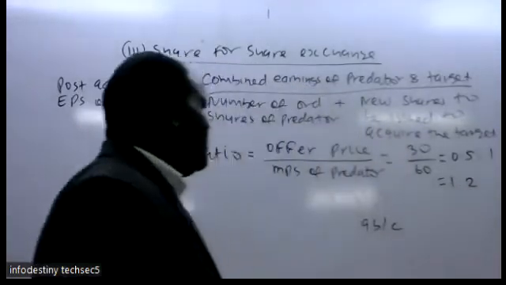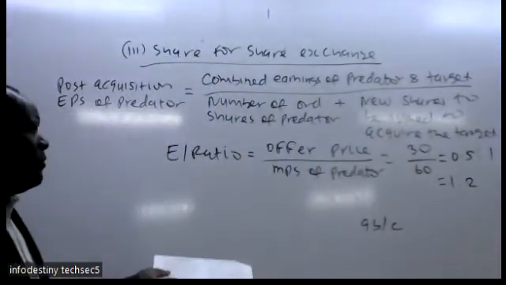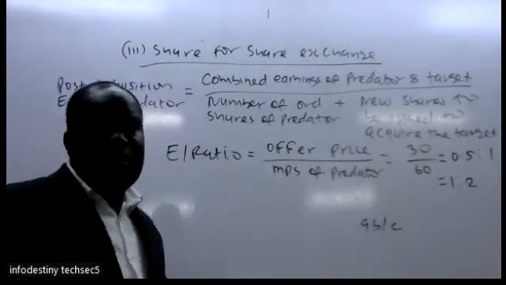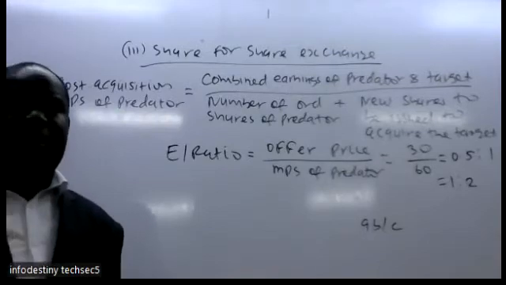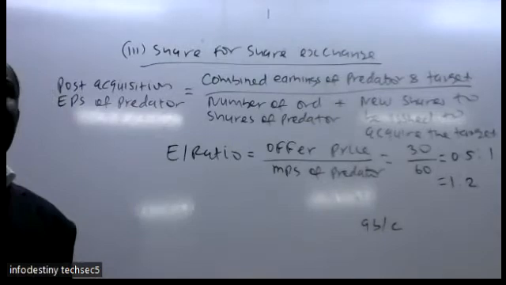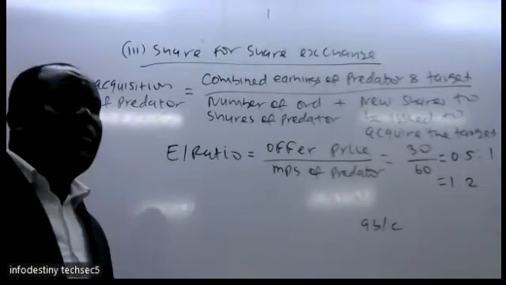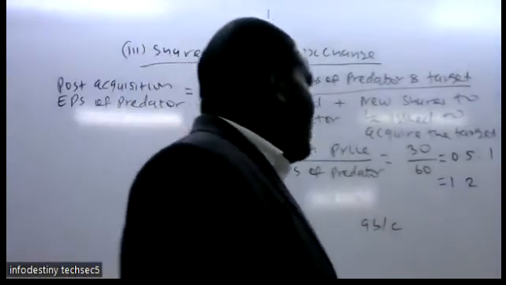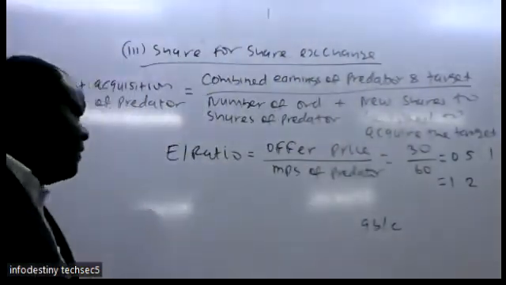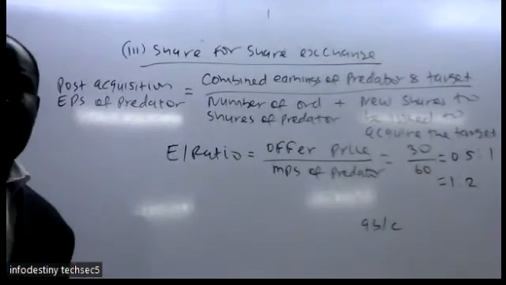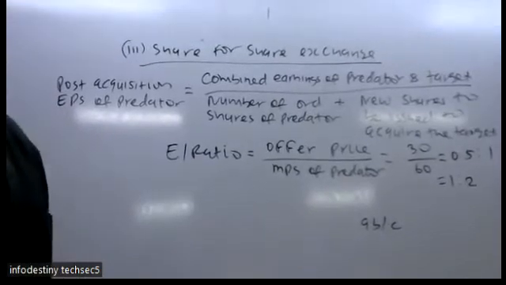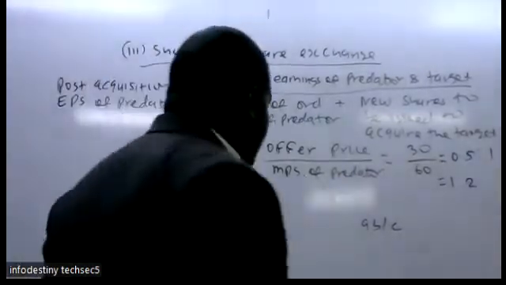So the exchange ratio will be 1 is to 2. You can comment that this implies that the predator is offering 1 share in order to acquire 2 shares of the target.